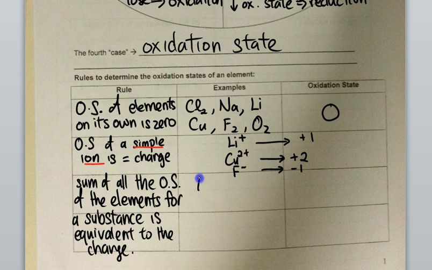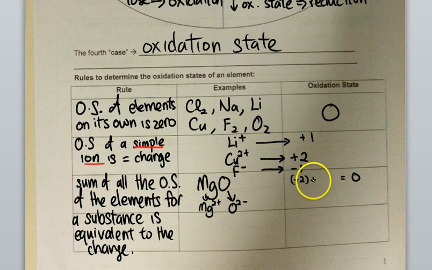So for example, MgO. What's the overall charge of this substance? Overall charge is 0. How do we actually get the overall oxidation state to be 0? Because we know that Mg is actually a Mg2 plus. Oxygen is actually an O2 minus. So what's the oxidation state of Mg2 plus? We know that is +2. Plus, what's the oxidation state of an O2 minus? -2. So the overall will add up to 0.